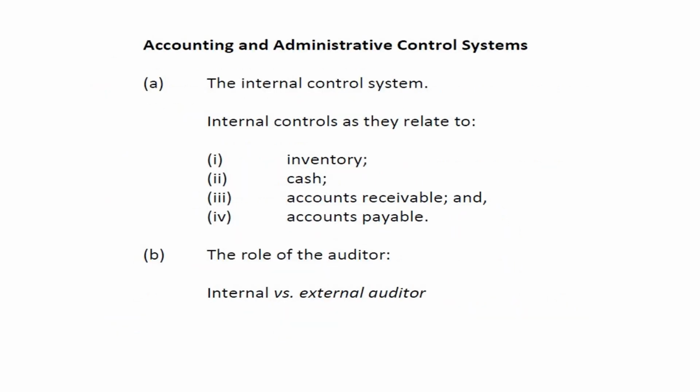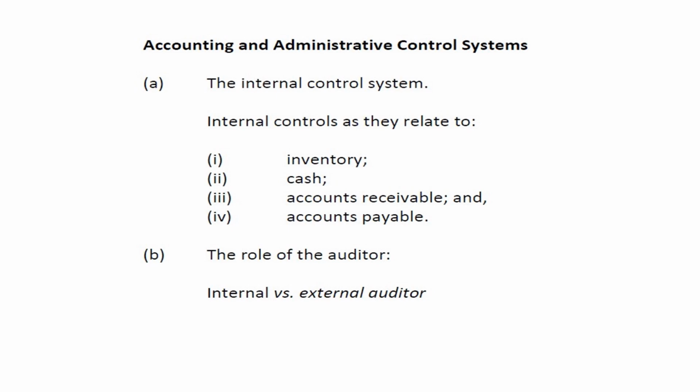Our next topic is accounting and administrative controls systems, and this is from module 2. This is the internal control system. We should have a definition for this, and make sure we memorize it properly, and we should also have the nature and types of internal control.